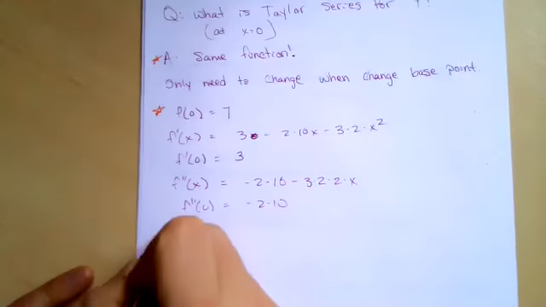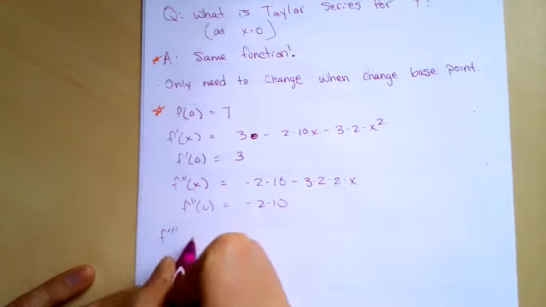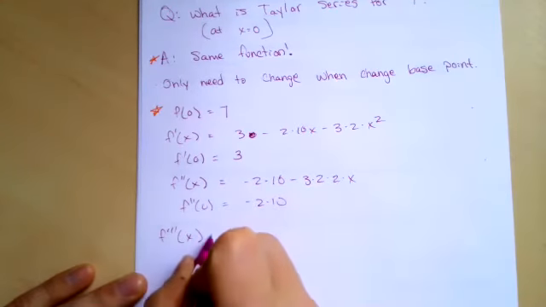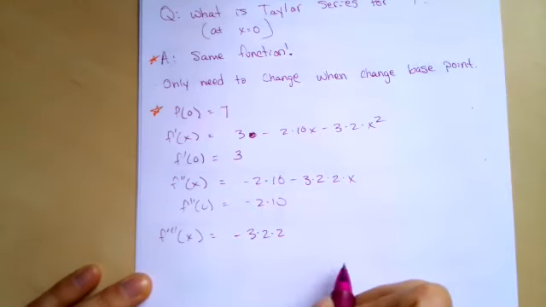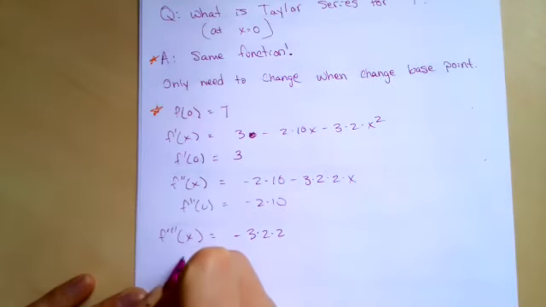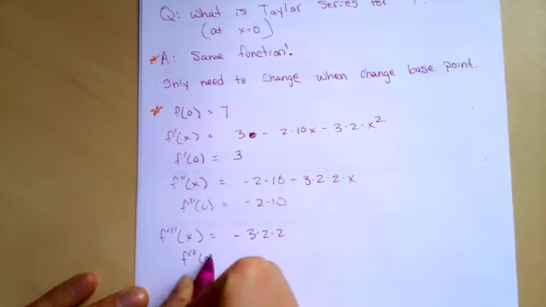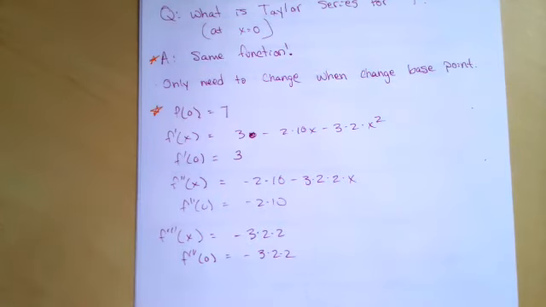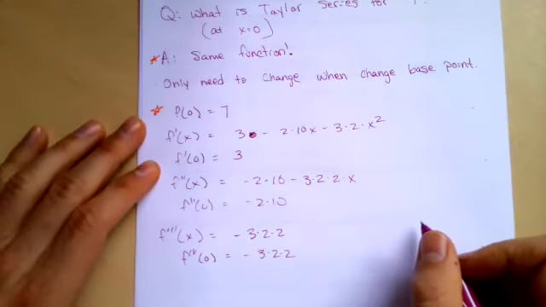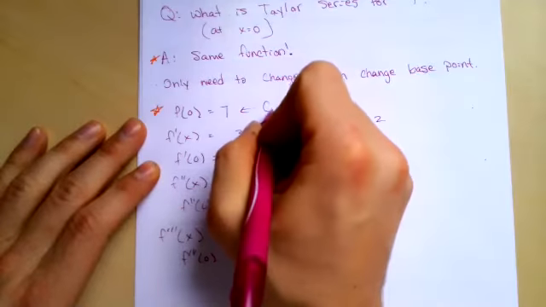And I guess there's only one more. Let's go ahead and do it. F triple prime is going to be minus 3 times 2 times 2. And then F triple prime at 0 is just that. And by our formula, this term's our C0.